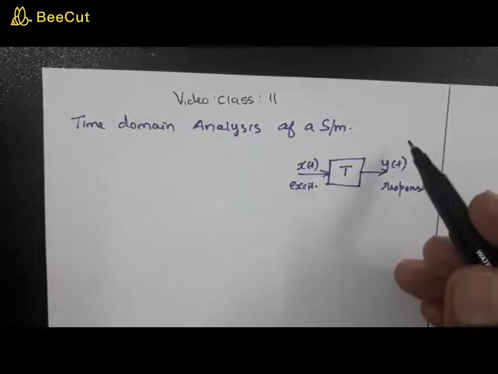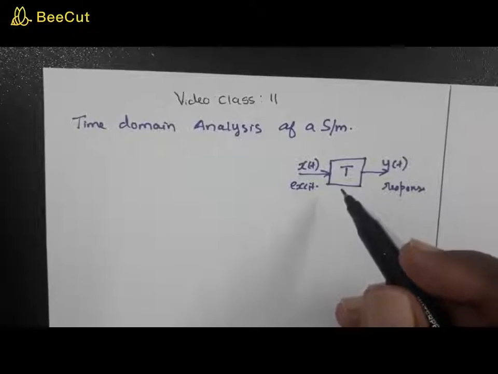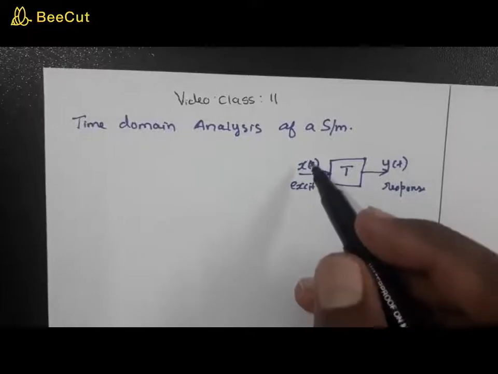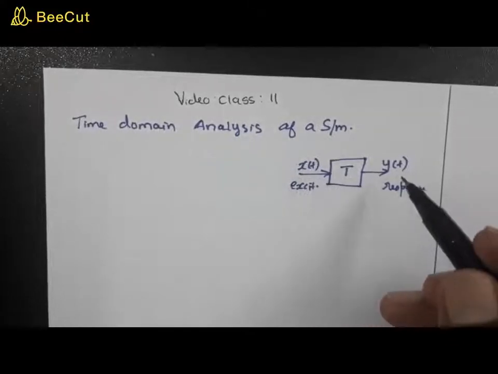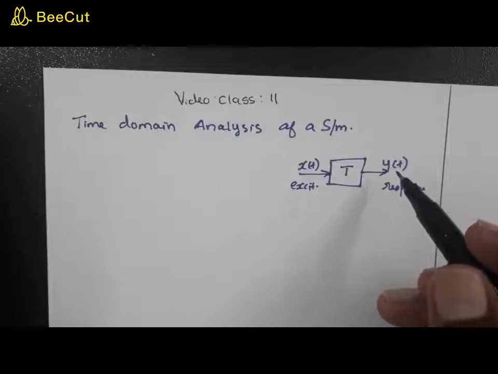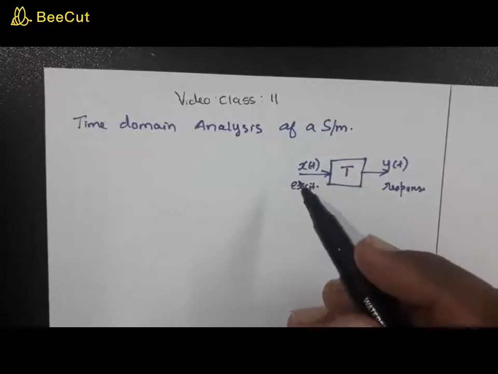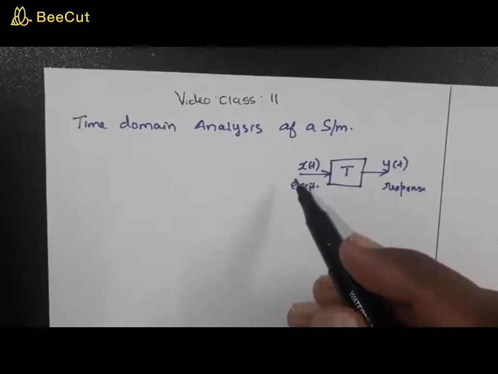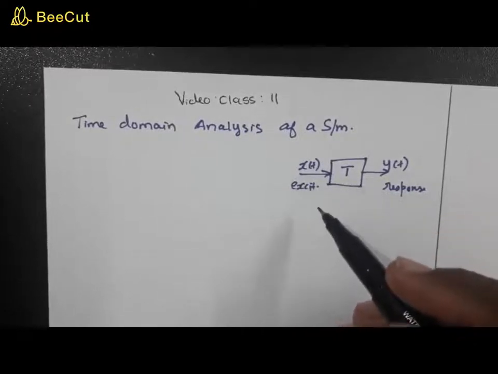In this time domain analysis, to start with, we will be dealing with some of the standard inputs that we can use to analyze a system, and from the analysis we'll be able to find out various characteristics of the system. We call that the time domain specification. It is by those parameters that we can specify a system, just as when we purchase an electronic device, say a mobile, there is a specification for that.